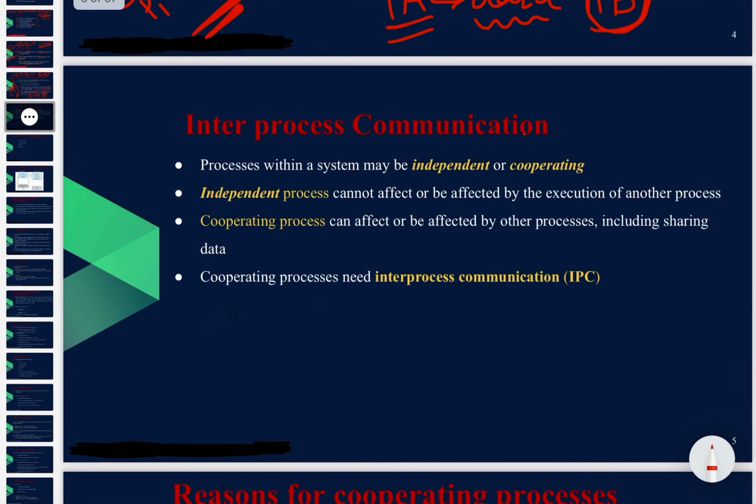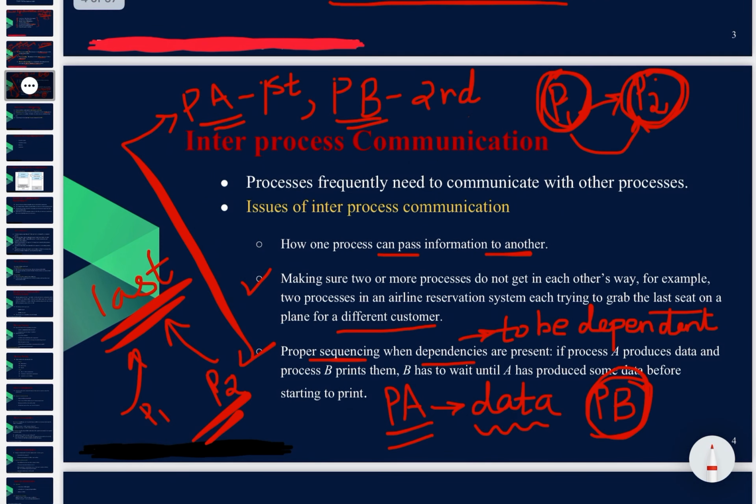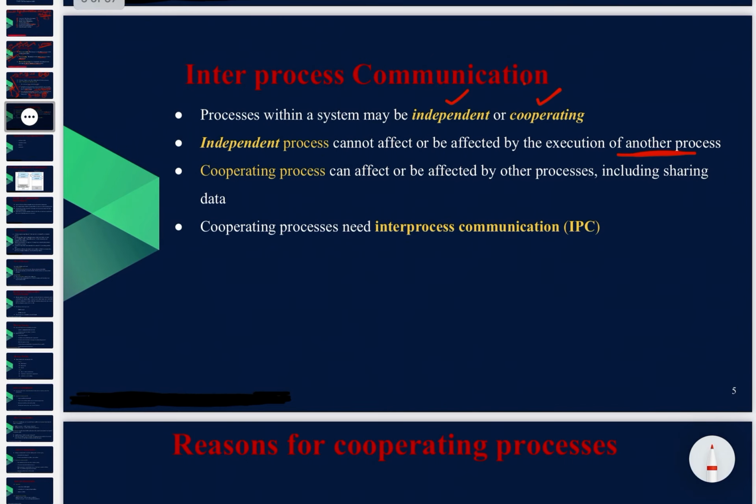Okay, so next is inter-process communication. Processes within a system may be independent or cooperating. An independent process cannot affect or be affected by the execution of another process. In the earlier case, process A was an independent process; it just had to produce the data, so it is not affected by the execution of any other process.